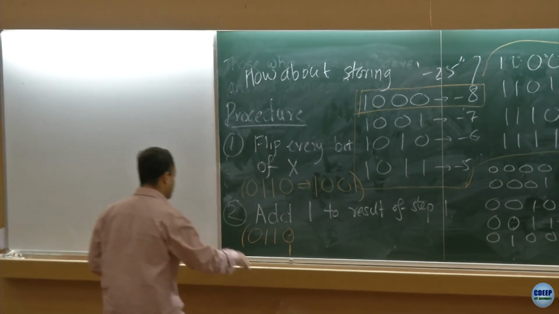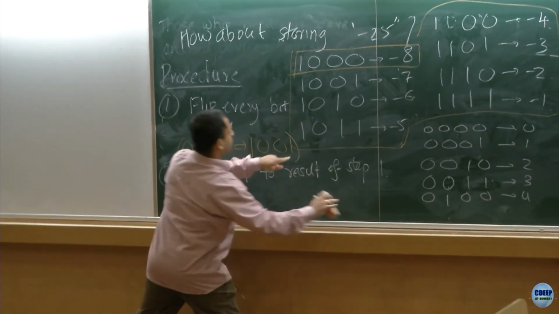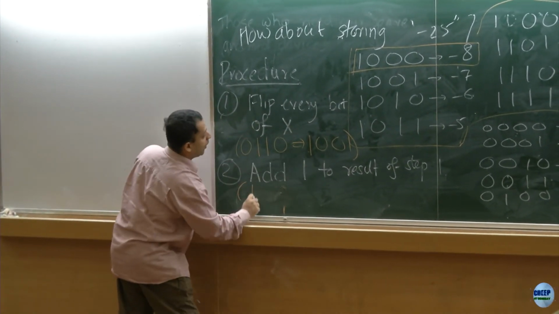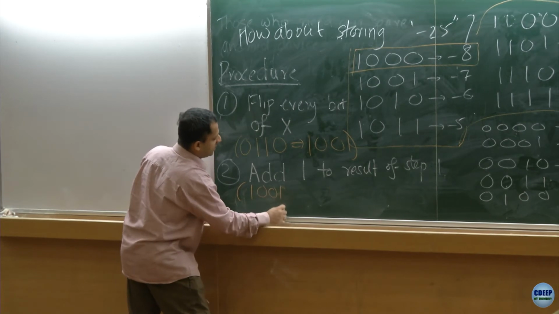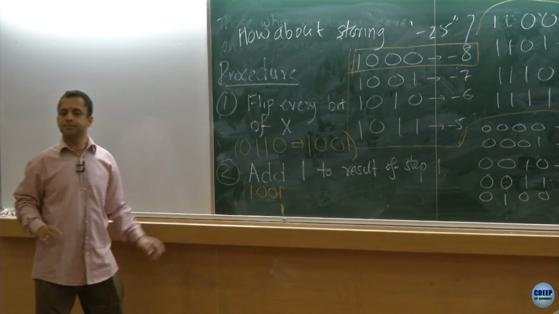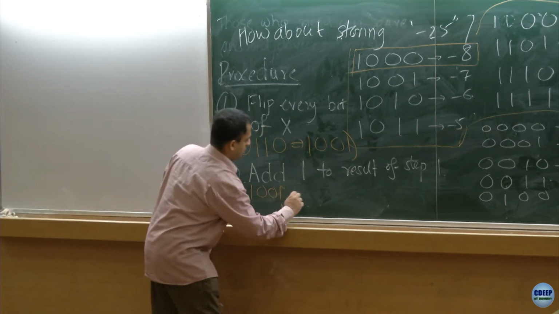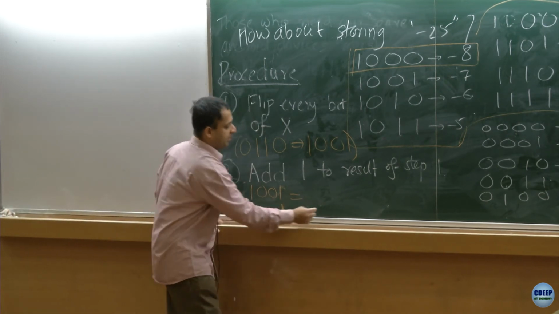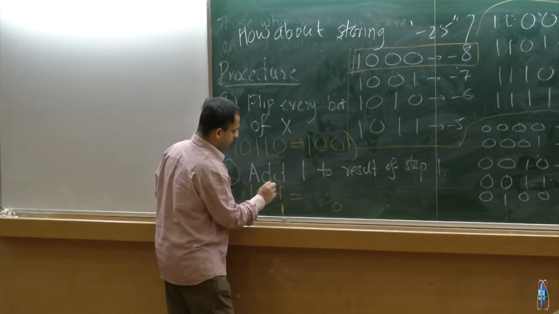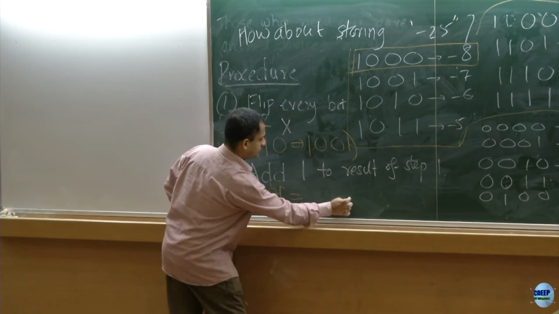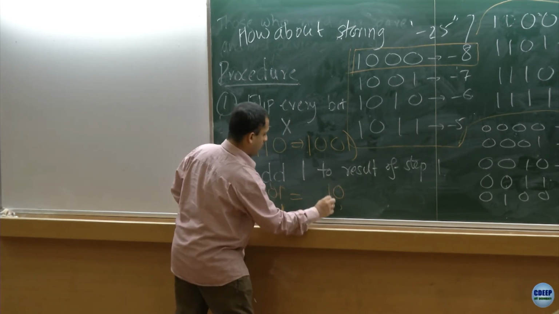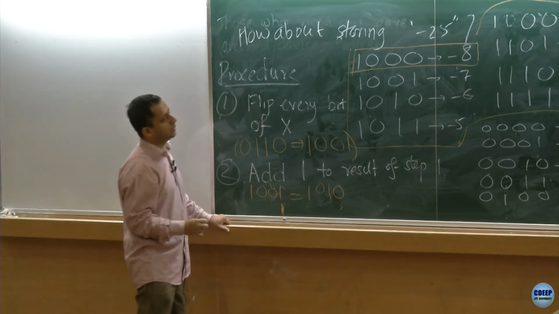Sorry, I meant this part, the flipped value, 1, 0, 0, 1, you add a 1 to it. What is the result? So you'll have 1 plus 1 equals 0, and 1 carried forward here, right? So the result will be 1, 0, 1, 0.